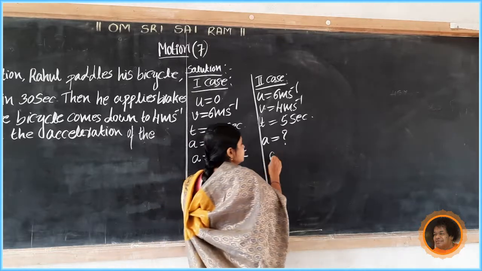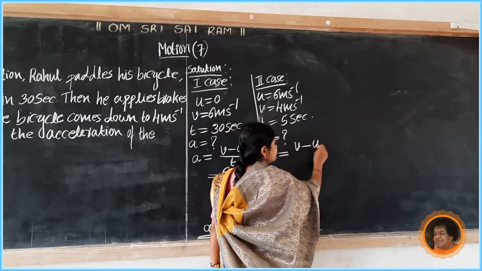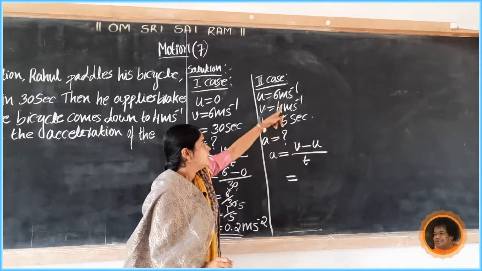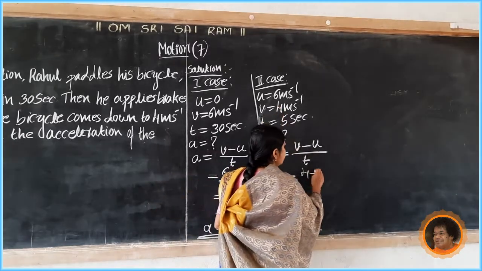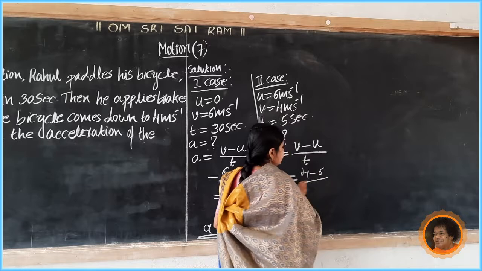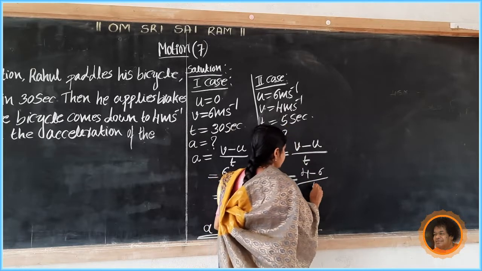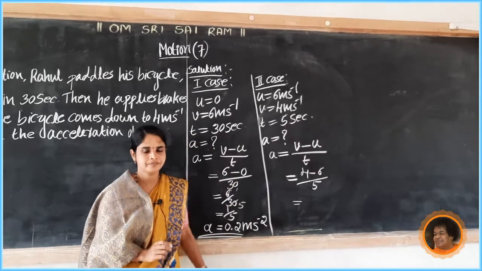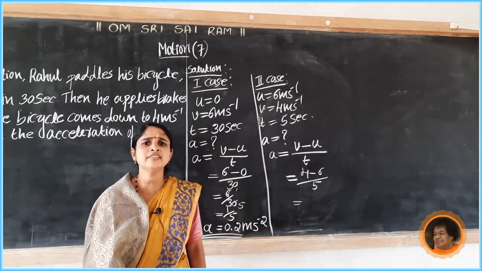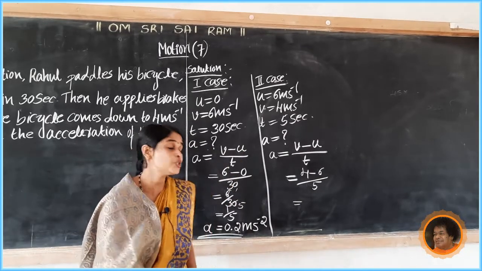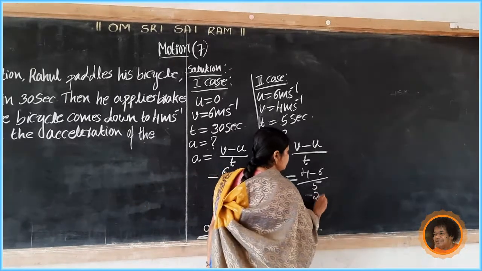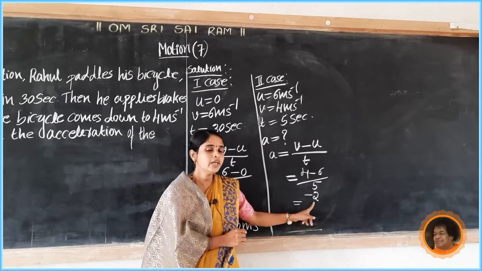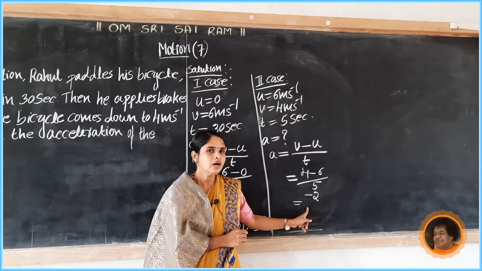So acceleration A equals how much? Formula A equals V minus U divided by T, which is V 4 minus U 6 divided by T 5 seconds, equals 4 minus 6. What is the value of 4 minus 6? It is minus 2. 6 minus 4 is 2, so why minus 2 here?